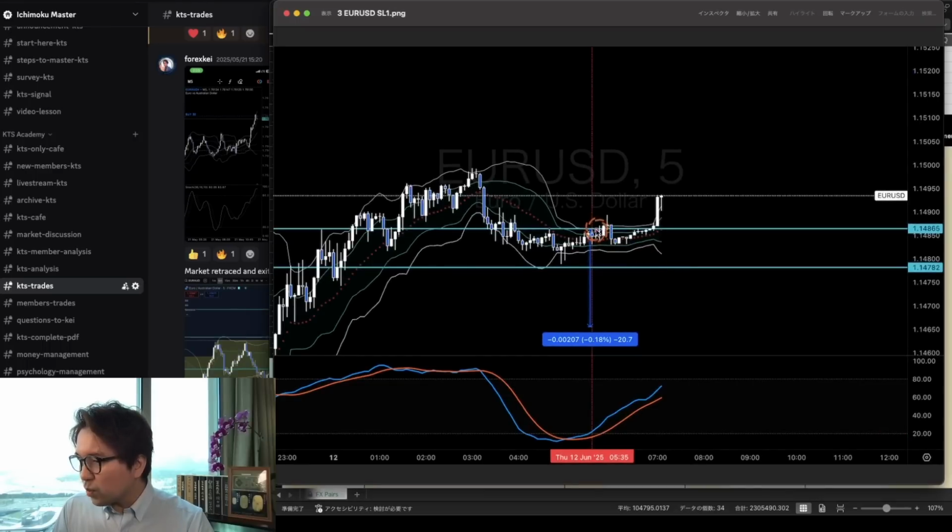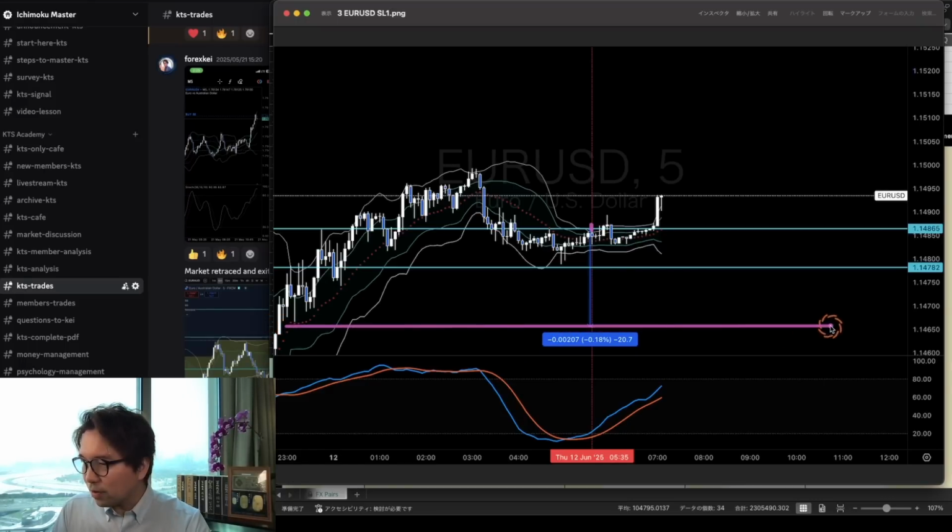Again, this is when I entered the market, and the market went in my direction nicely. If you remember, my stop loss was below the pin bar here, 20.7 pips of stop loss. But this screenshot is when I moved the stop loss higher to here.